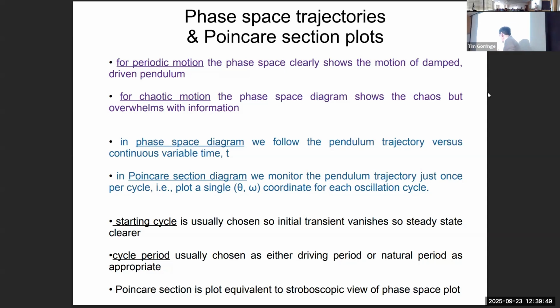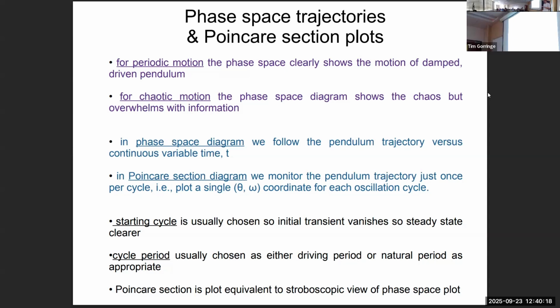And then the other point: we say we're going to plot the data once every period of the pendulum, but there are two periods associated with a damped driven pendulum. There's the period that corresponds to the natural frequency, and there's a period that corresponds to the driving frequency. So we'll make choices about which period, driving period or natural period, is relevant to our particular plot.